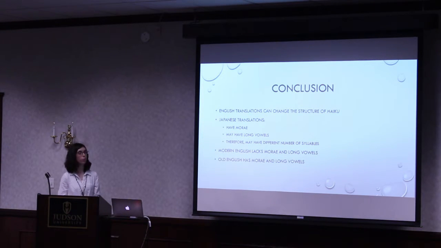Finally, the surprising connection between Japanese and English poetry has to do with Old English and its use of morae as well as long vowels in the construction or as a link between modern Japanese and modern English poems.